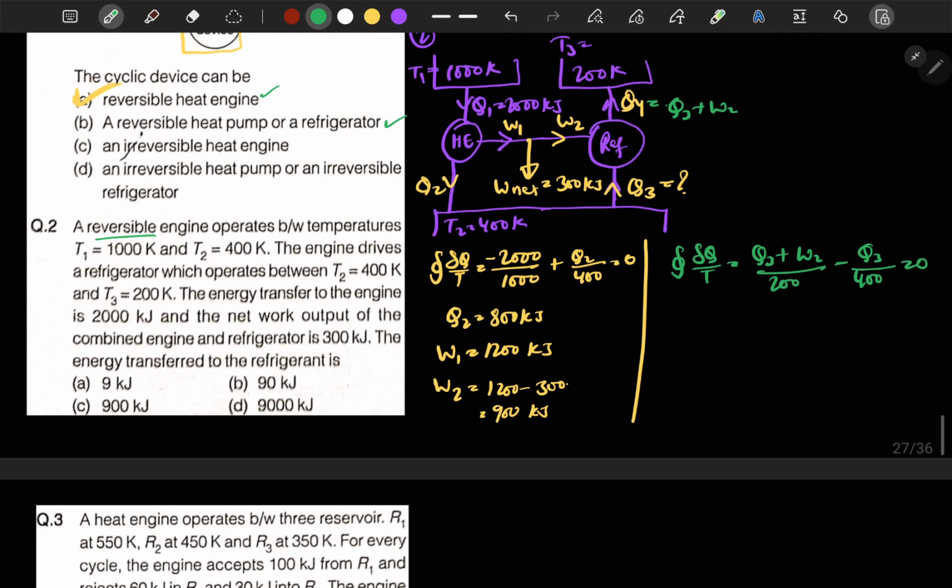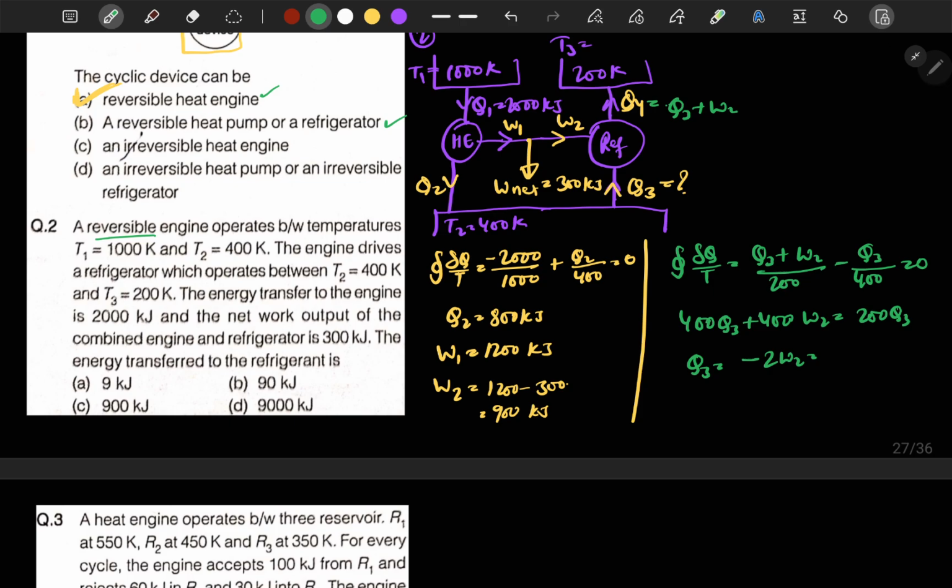So from here we get 400 Q3 plus 400 W2 is equal to 200 Q3.